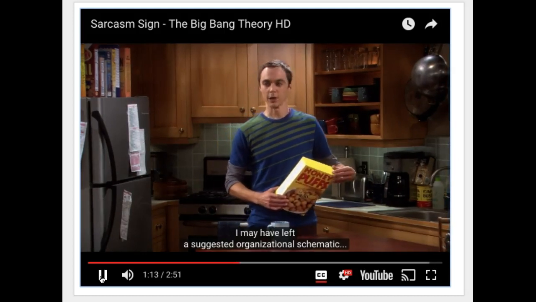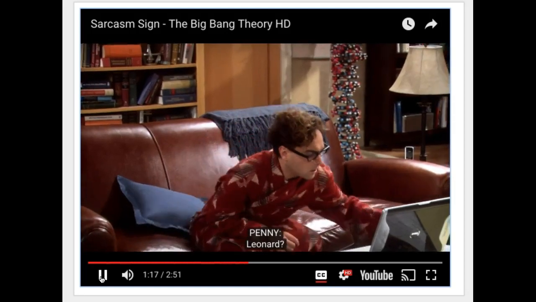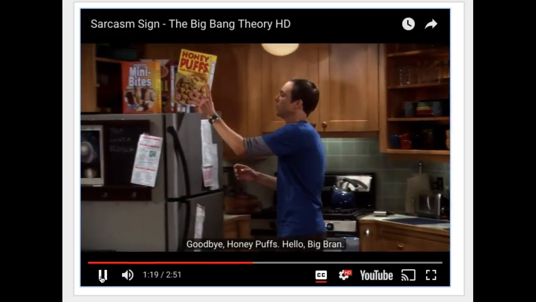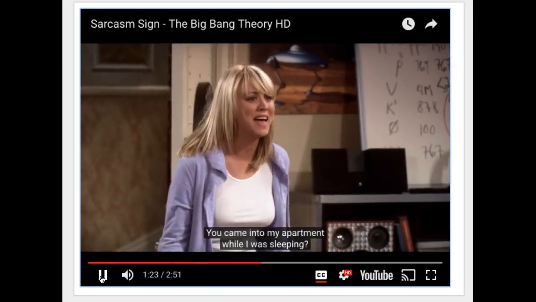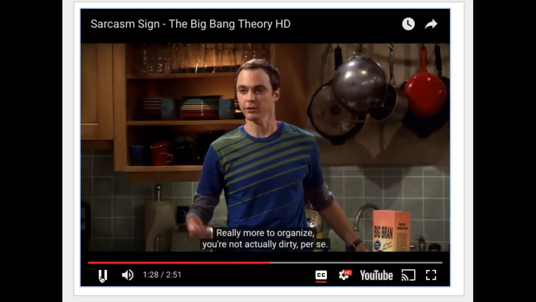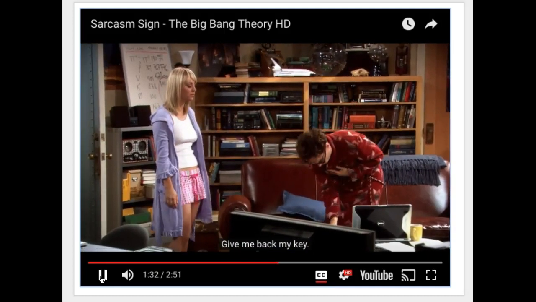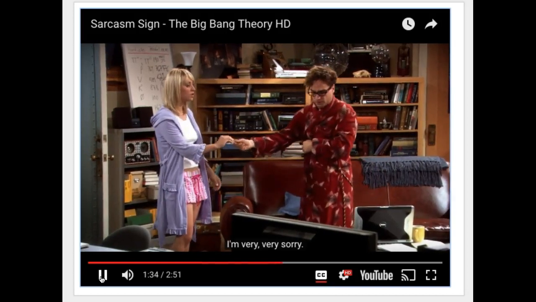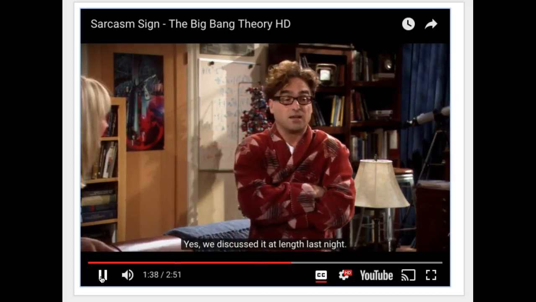I may have left a suggested organizational schematic for her bedroom closet. Leonard! God, this is going to be bad. Goodbye, Honey Puffs. Hello, Big Brand. You came into my apartment last night while I was sleeping? Yes, but only to clean. Really more to organize. You're not actually dirty, per se. Give me back my key. I'm very, very sorry. Do you understand how creepy this is? Oh, yes, we discussed it at length last night.